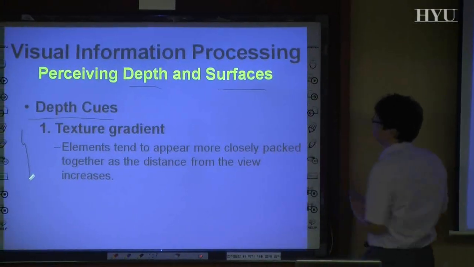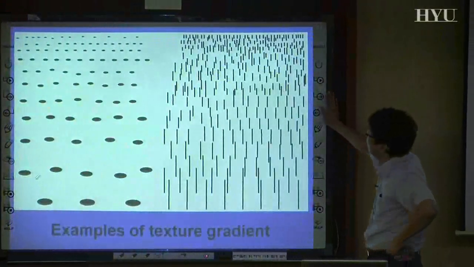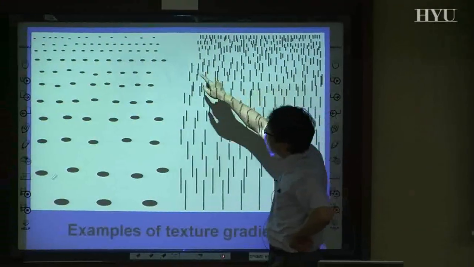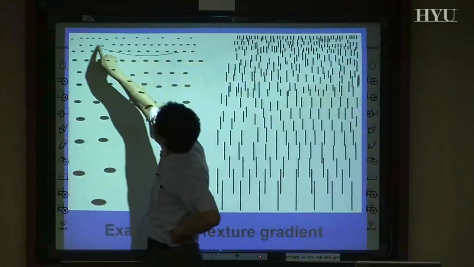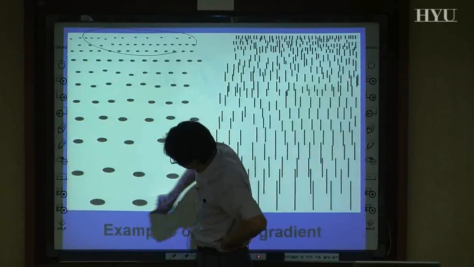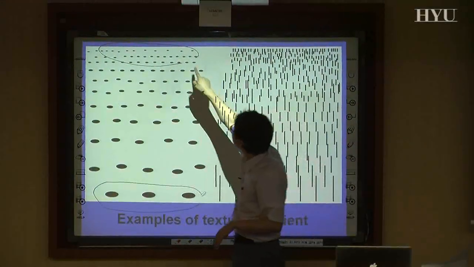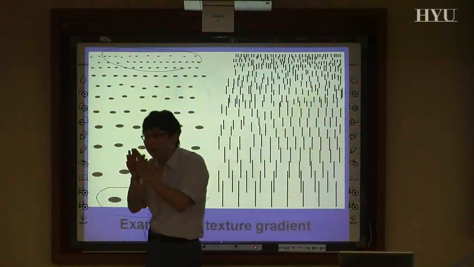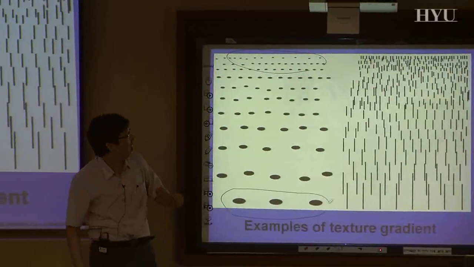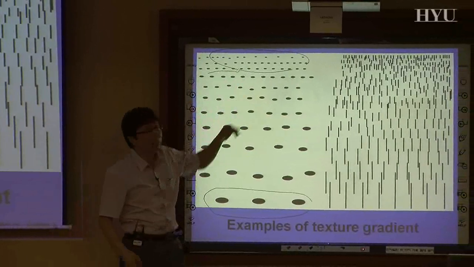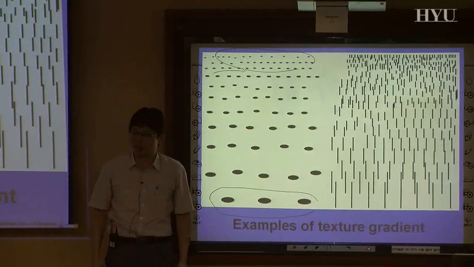Say this one. When you have this information, this one is more sparse, with big gaps between them, and this one is quite collapsed, close to each other. So when you see this part, that is farther from us.